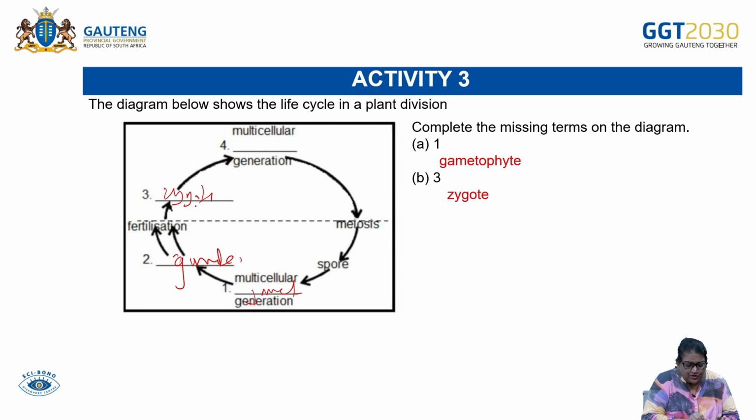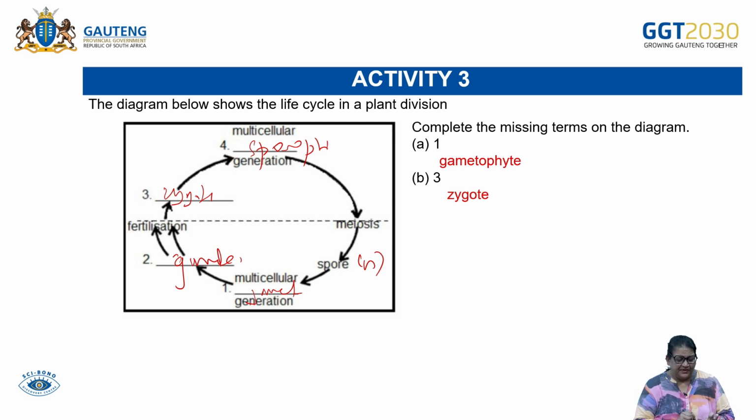And the zygote is going to develop to form a sporophyte generation. And the sporophyte generation is going to undergo meiosis, which halves the chromosomes, to produce spores. The spores are haploid, which means small letter n, half the chromosome number, and they develop to form a gametophyte. So this is the life cycle of a plant division.